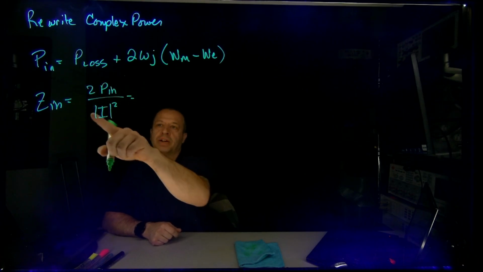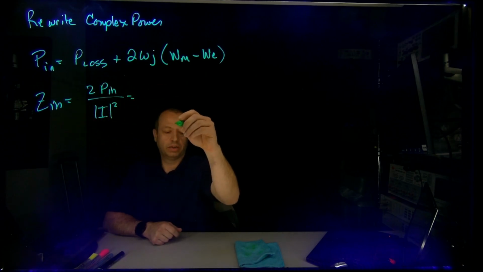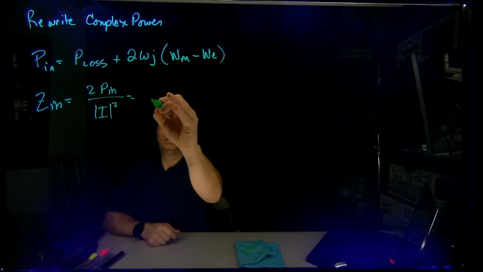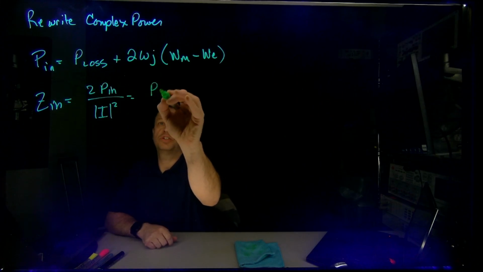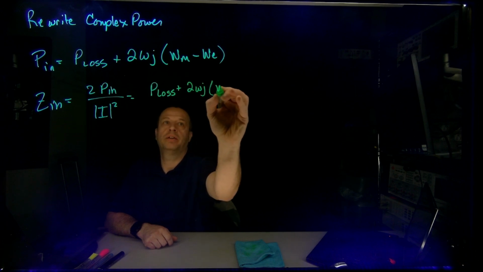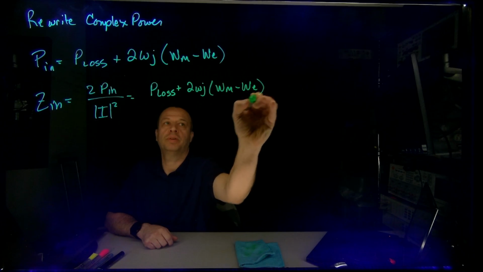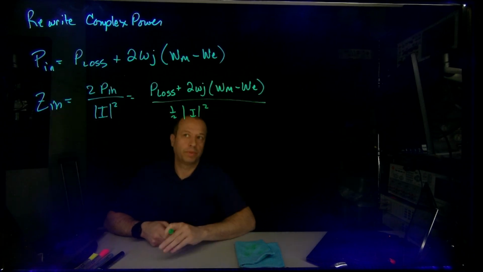Your textbook writes the 1/2 down here. I'm not a huge fan of that, but we'll keep it consistent with your textbook. So this is just P loss plus 2 omega j (Wm minus We) over 1/2 I squared.